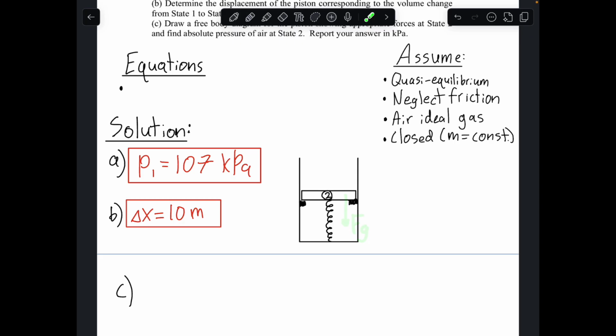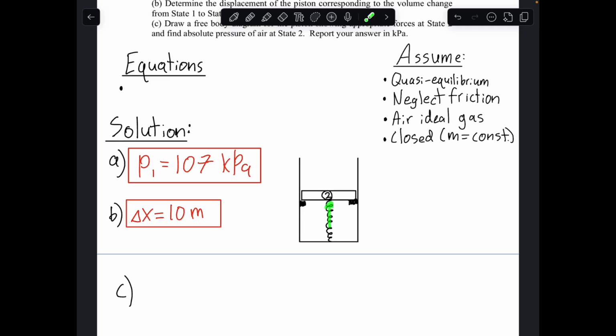And then now we need to worry about the spring, because the spring is compressed now. When this piston drops, it compresses the spring, and so the spring wants to return to its equilibrium state, which is the length that it had when it was up here at state 1. So it will exert a force on the piston to try to return to its equilibrium state.